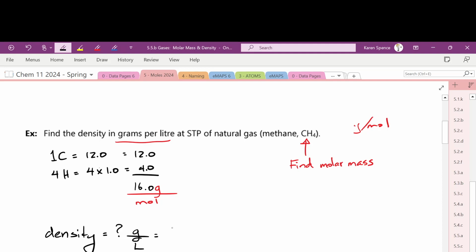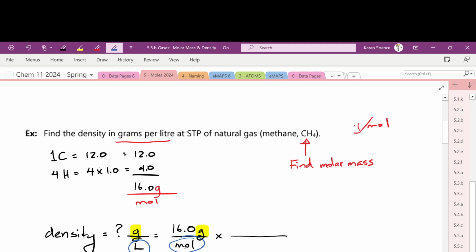And we're starting with 16.0 grams per mole. Grams are good. We don't want to do anything with the grams. We want to leave it alone because it's on the top and we want it to stay on the top. We do need to convert between liters and moles.